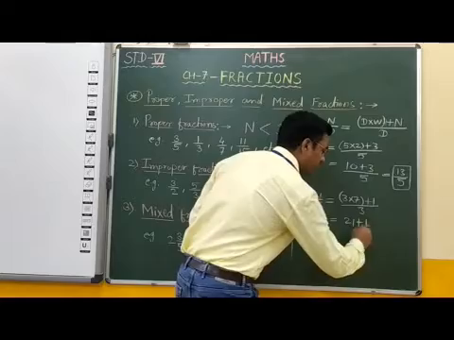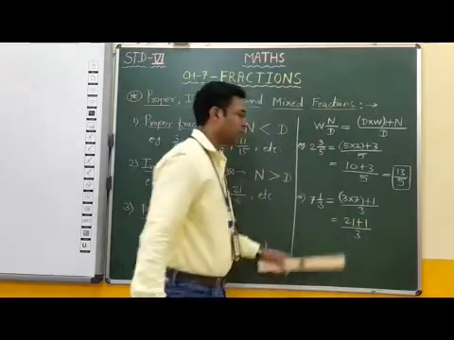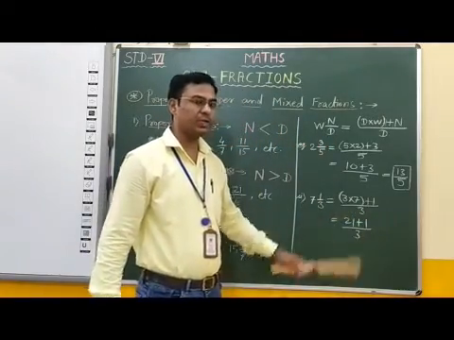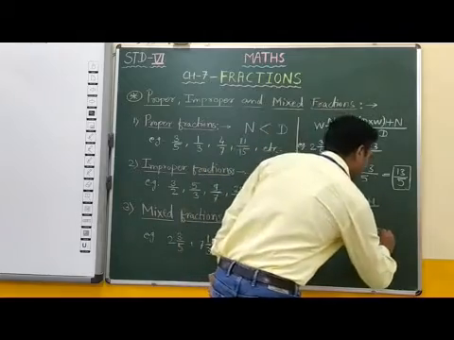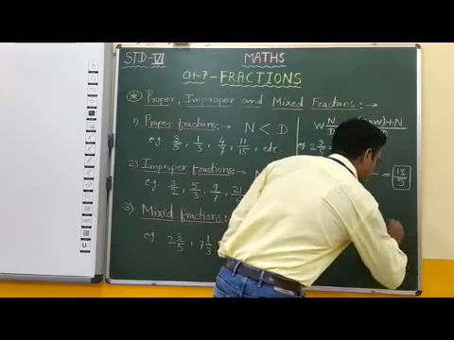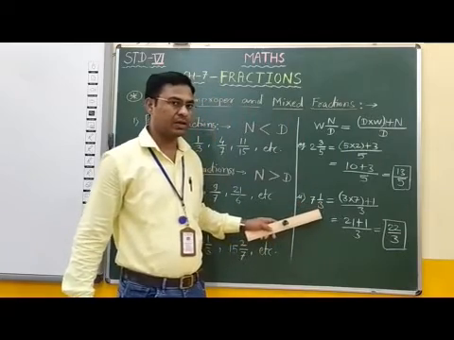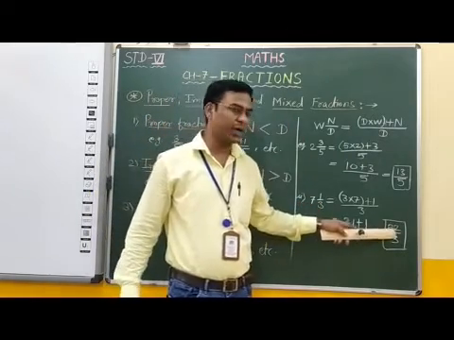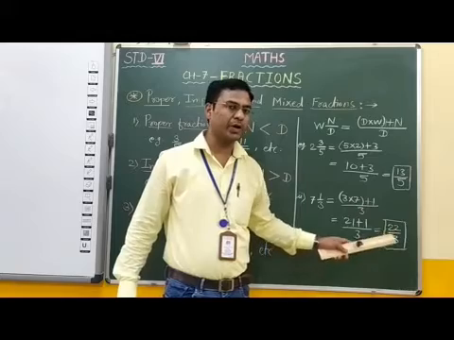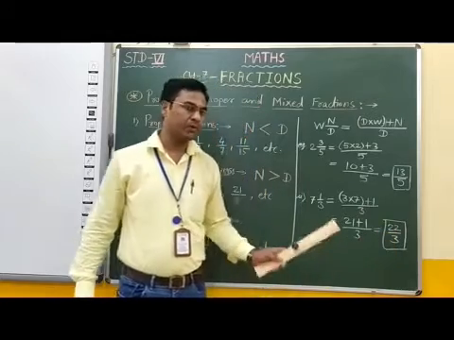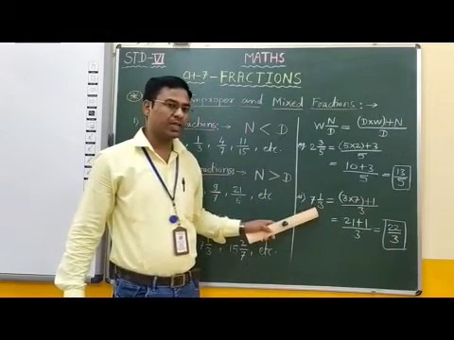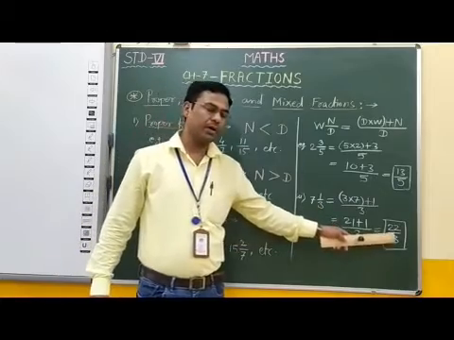Addition of 1, divided by 3. 21 plus 1 is equal to 22 divided by 3. Therefore, 7 1 by 3 is converted into 22 upon 3 or 22 by 3. Therefore, in this way we can convert a mixed fraction into an improper fraction.